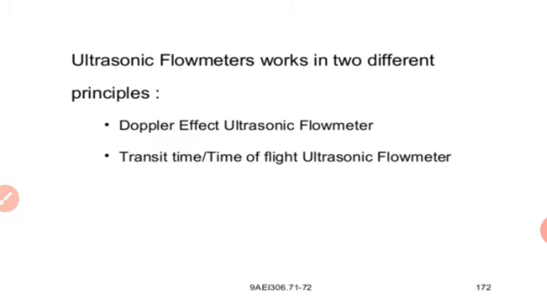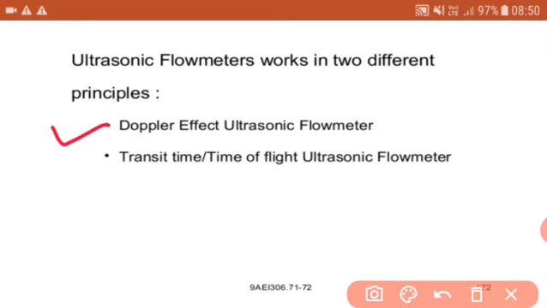Ultrasonic flow meters work on two different principles. One is the Doppler effect ultrasonic flow meter, and the other is the transit time, or time of flight, ultrasonic flow meter.